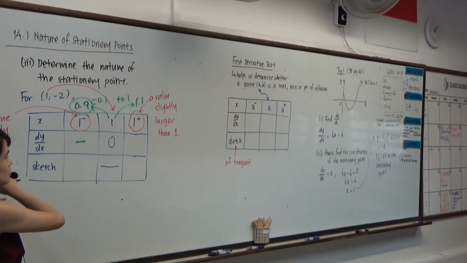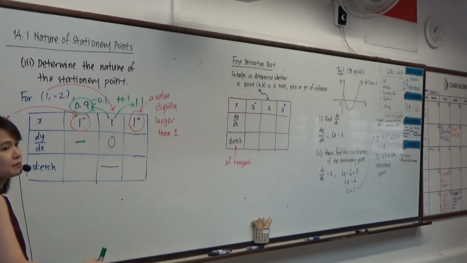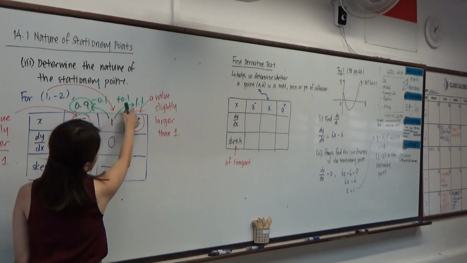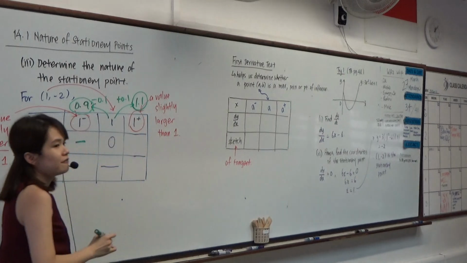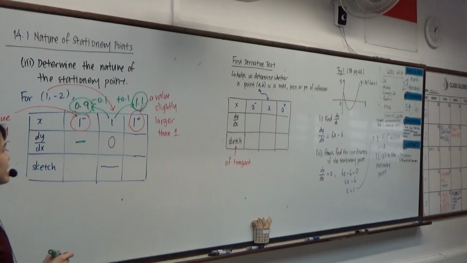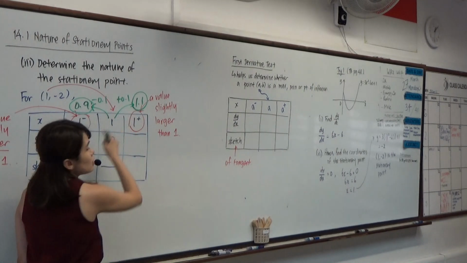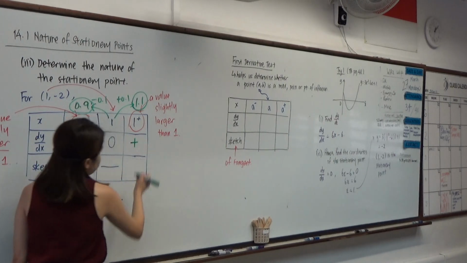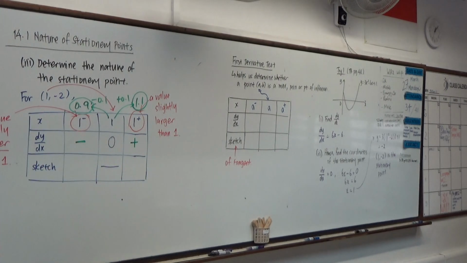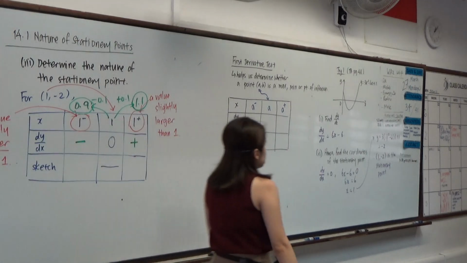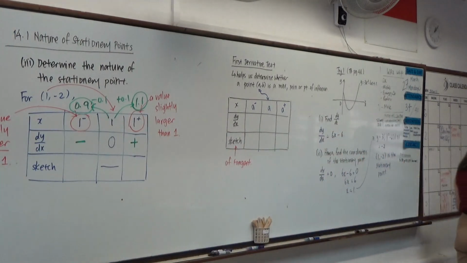Likewise on the other side, press in x to be 1.1 for your dy over dx equals 6x minus 6. And your value should actually be a positive value when you key into your calculator. So 6x minus 6, change the x to 1.1.